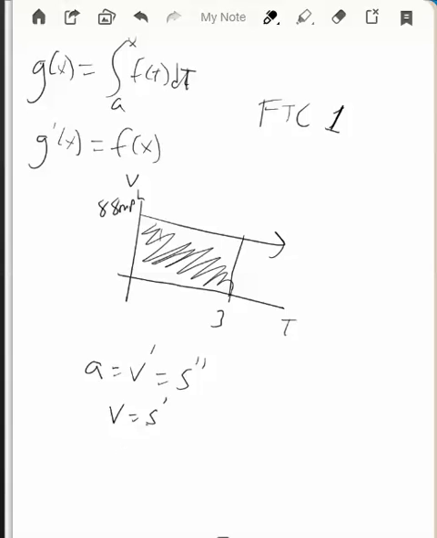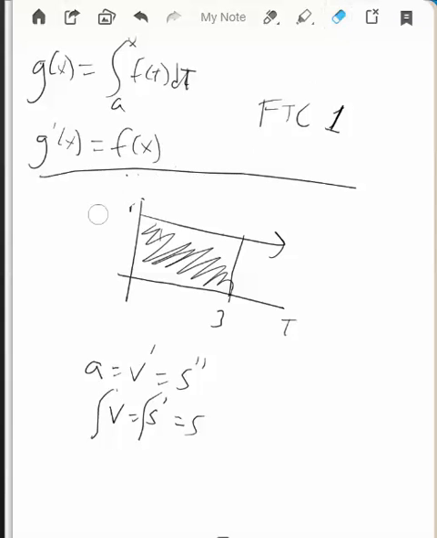If you want the position, this is s prime now. If you take the antiderivative or integral of velocity, won't that give you the integral of position prime, which is just position? The notation's not so great there, but it's the same idea. So the derivative of your integral is your integrand. This is what I want you to see there.